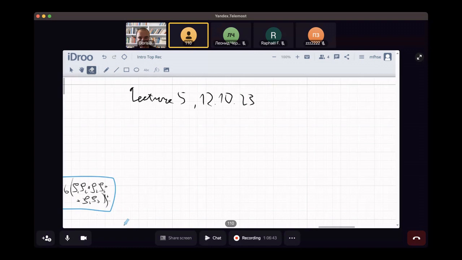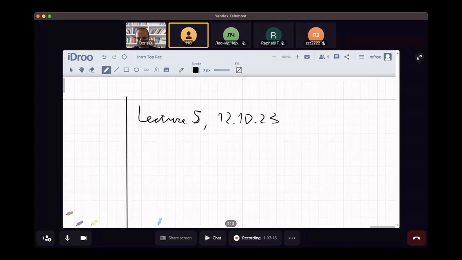Okay, so I will give an equivalent reformulation of recursion, the reformulation by the loop equations.